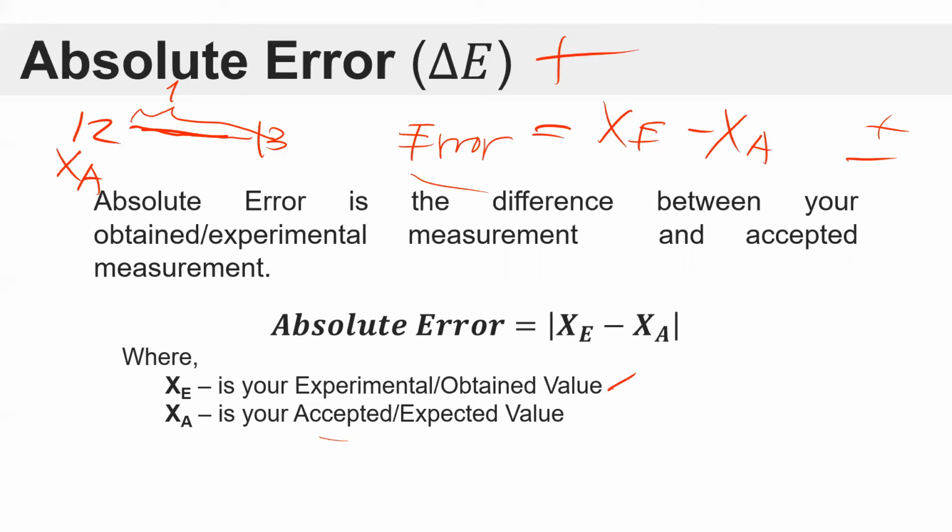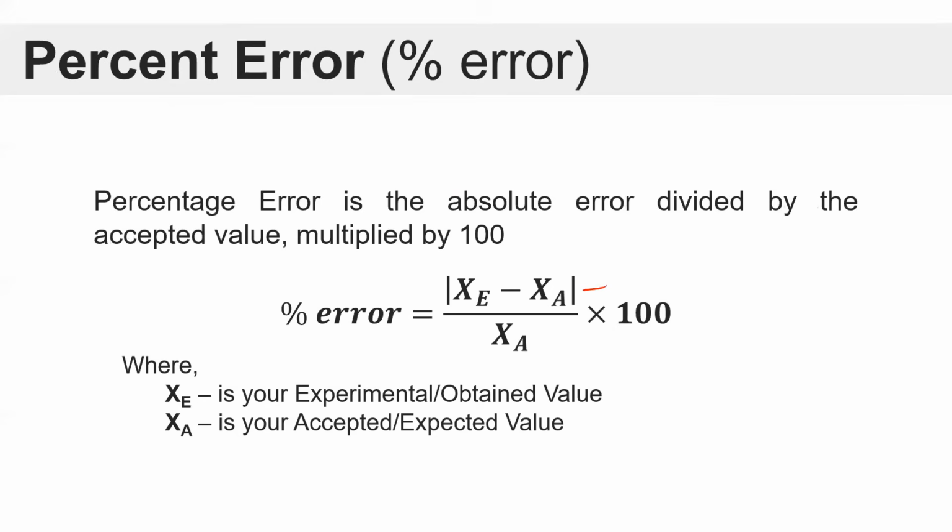If the value of the absolute error is already given, then there is no need to solve for it. But if it is not given, you can look for the absolute error before solving for the percent error. This equation above is simply the formula for the absolute error. So percent error is the absolute error divided by the accepted value times 100.